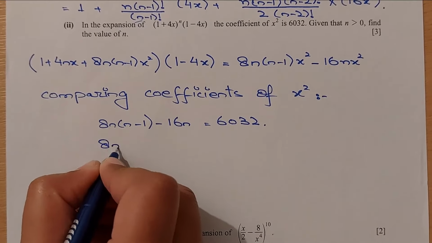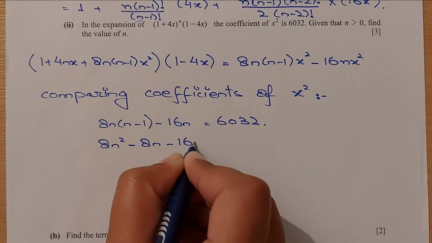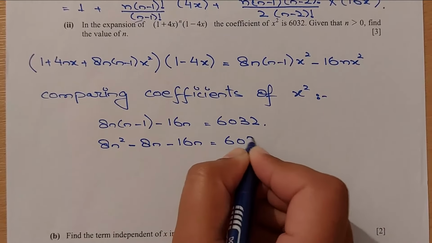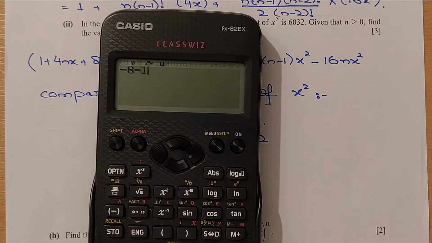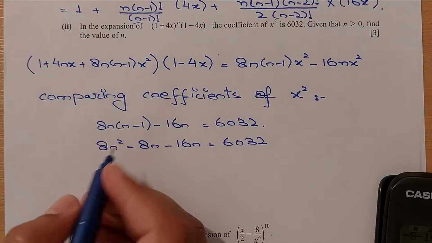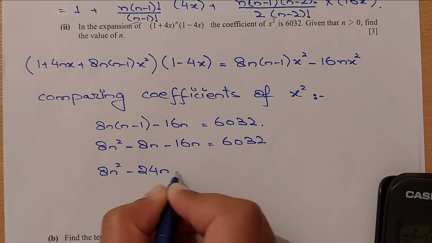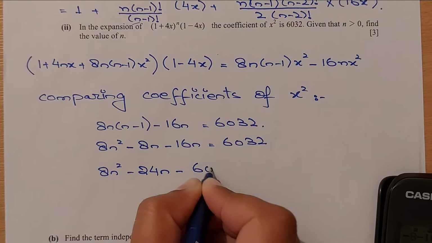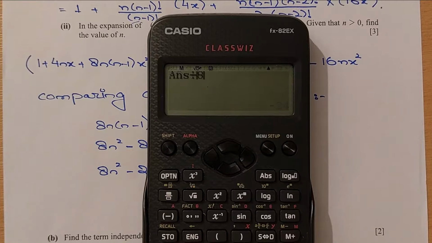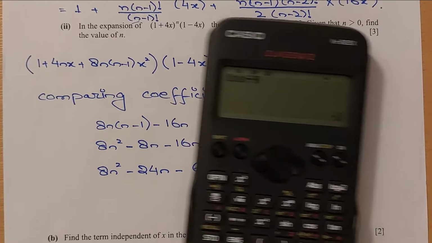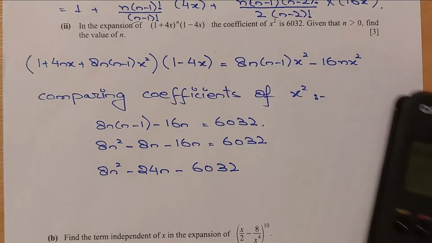So this is 8n square minus 8n minus 16n equals 6032. So minus 8 minus 16 is minus 24. So 8n square minus 24n minus 6032, dividing by 8, that is minus 3, and 6032 divides 8 is 754.